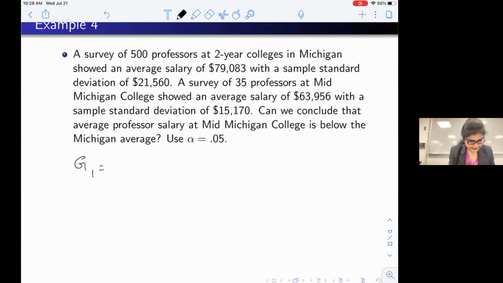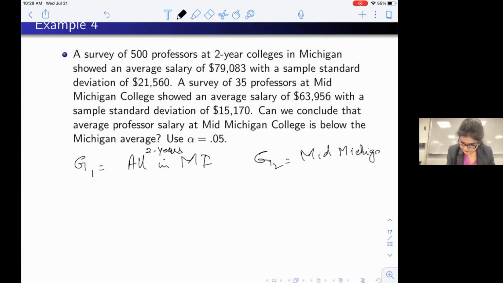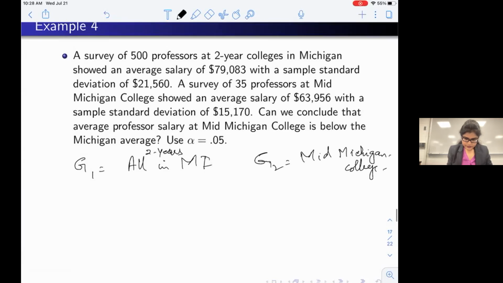Group 1 is all 2-year colleges in Michigan, and group 2 is Mid-Michigan College. So we are talking about averages. Now we have to collect the information, as group 1 is for all 2-year colleges in Michigan.